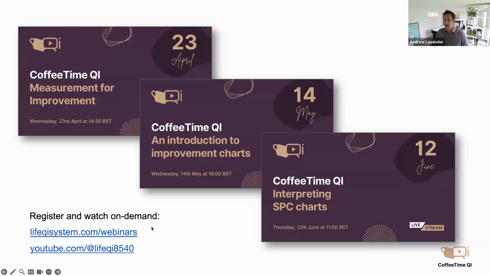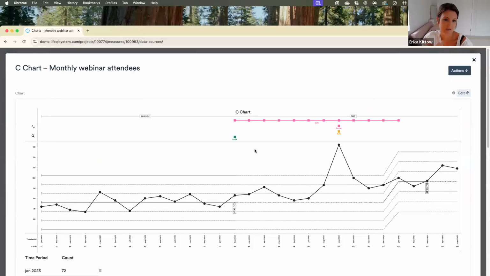I guess, Erica, do we have any questions, or have you been able to answer most of that in the Q&A? Hi, Andrew. Thank you. That was a great session. There was one question which I thought might be helpful to answer live. When you were in LifeQI on your chart, there was a September count which was an outlier. Someone asked in the chat whether that would be a good example to ghost delete that particular point itself.